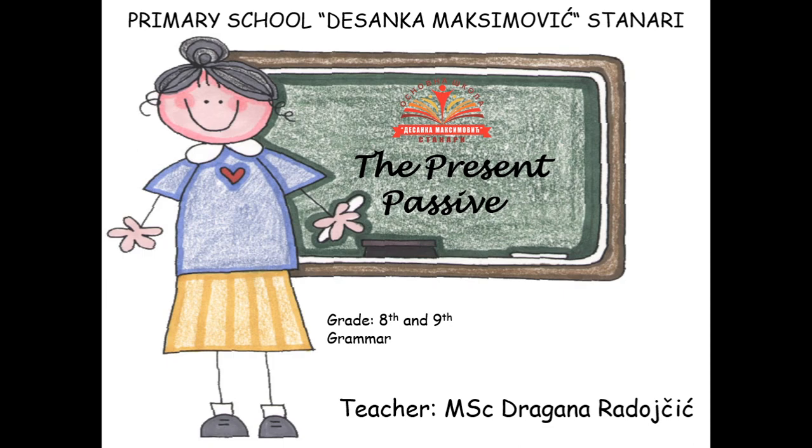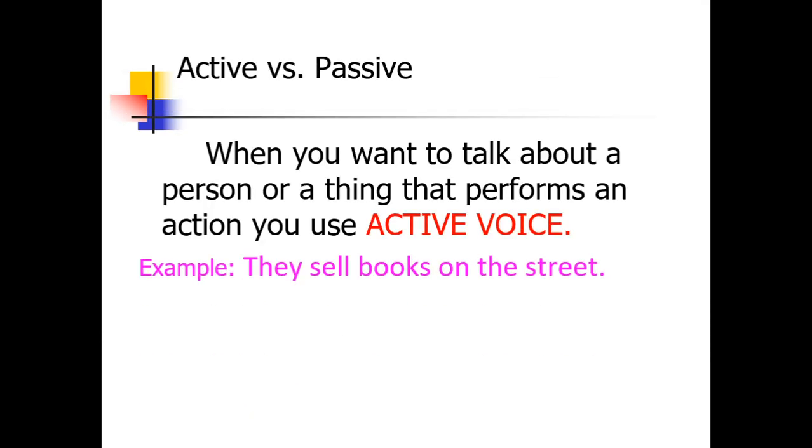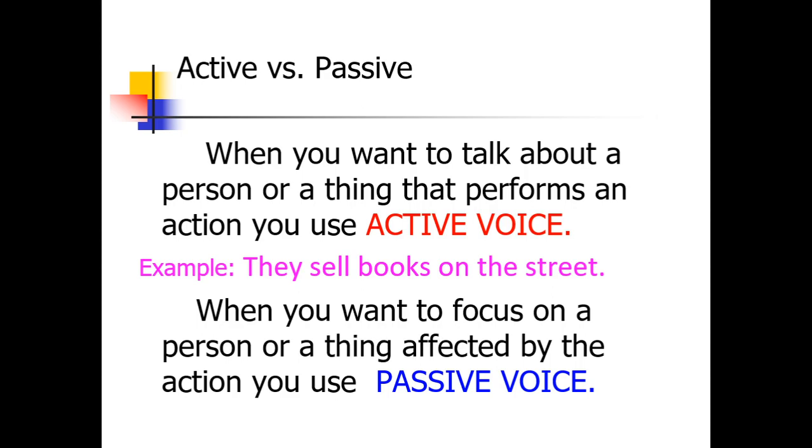Our topic is the present passive. The first thing that we need to do when we talk about passive is to make the difference between active and passive. So, what is the definition of an active voice?